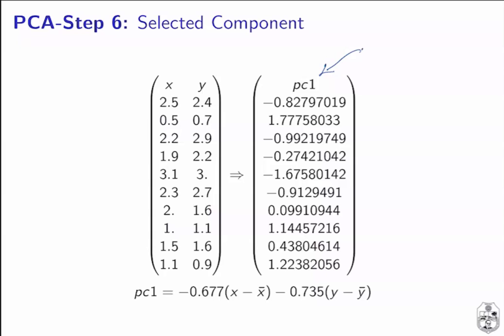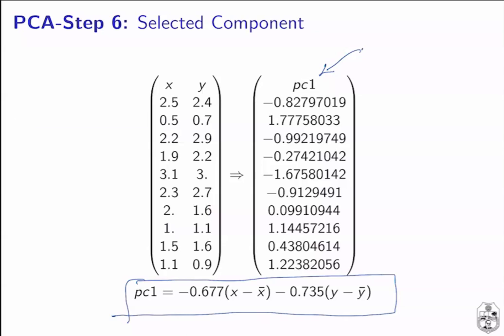In another way, the PC1 can now be represented by this equation, which I am calling PC1 equal to minus 0.677. Why am I taking the minus 0.677?